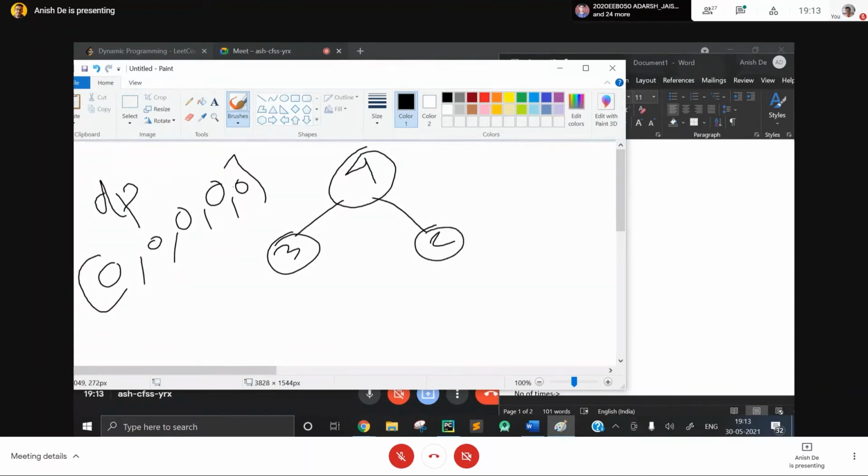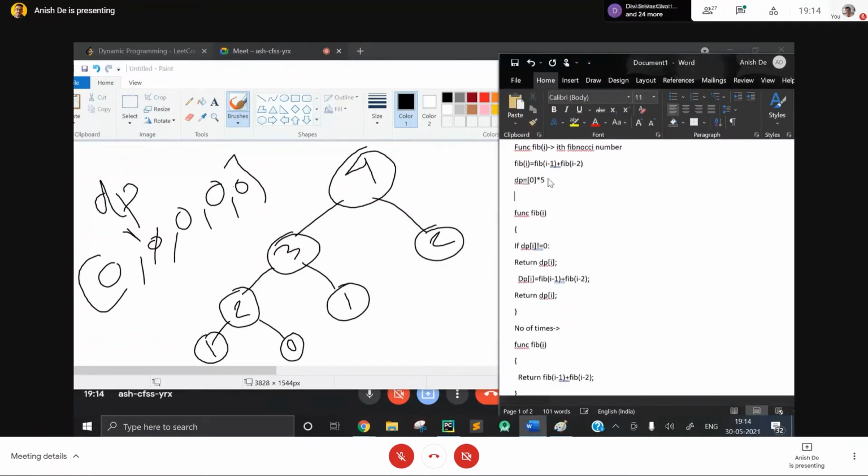Now 3 and 2 are also 0, so we call it for 2 and 1, and for 2 we call it for 1 and 0. For 0 and 1 those are the base cases, so we store them initially: dp0 equals 0. These are the base cases, so for 0 and 1 we already have the answer and can directly return it.